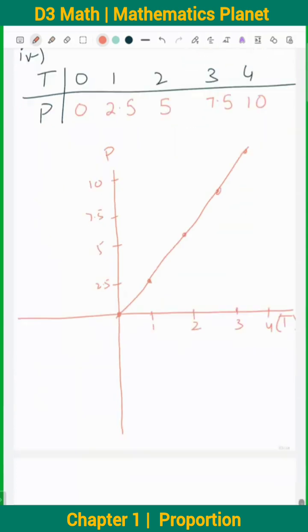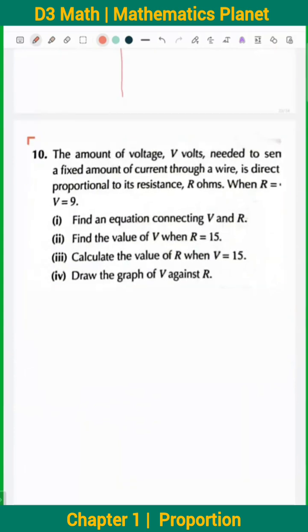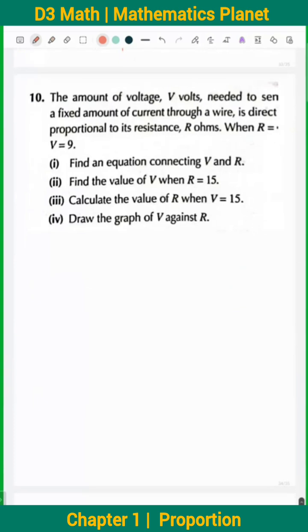Okay. So the last question, question number 10. The voltage V volts needed to pass a fixed amount of current through a wire is directly proportional to resistance R ohms. When R is equal to 6, V is equal to 9.